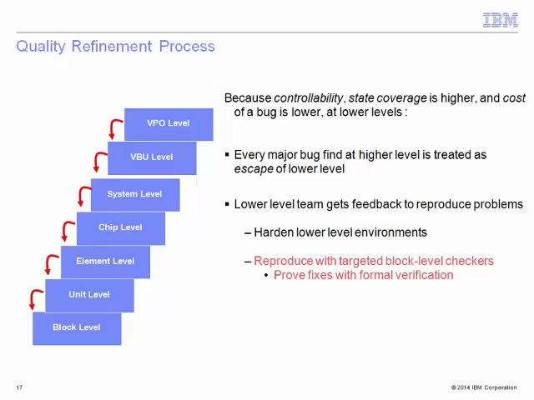And the other thing is that sometimes our environments might be over constrained. So we need this feedback from the bugs at the higher level in order to relax the environment more, so that we can actually support catching that bug. So basically, higher level bugs are used in order to tighten the environment for the lower level formal verification.